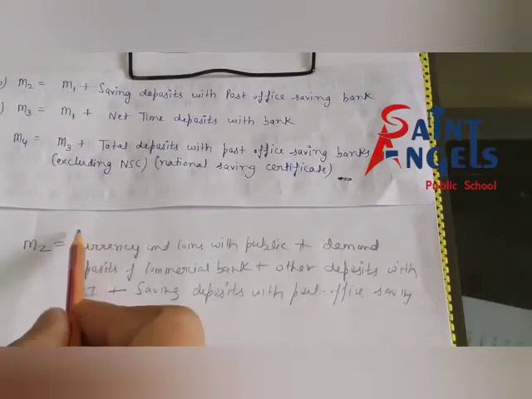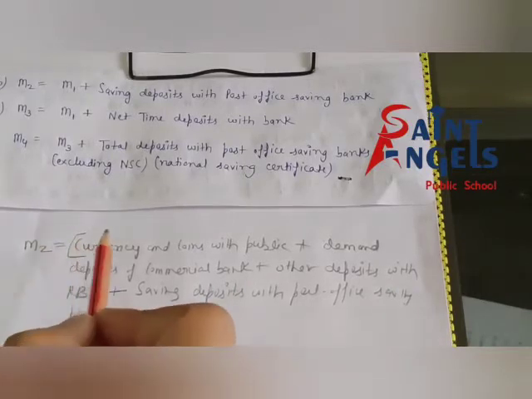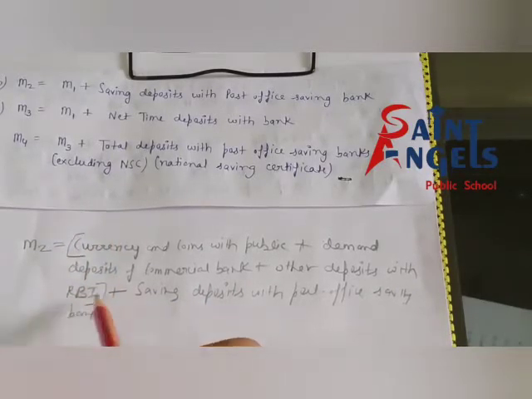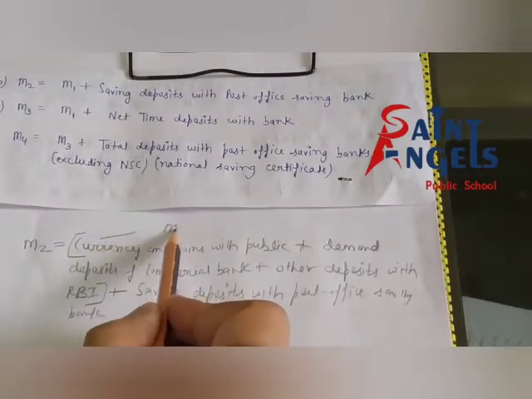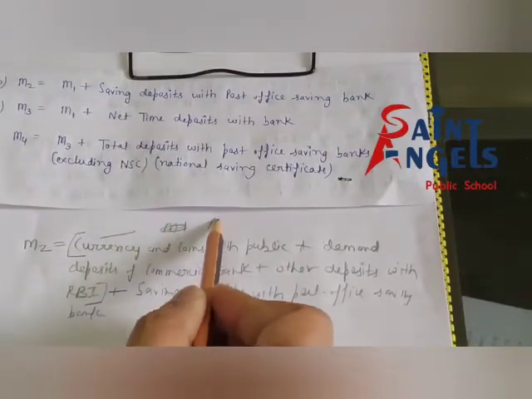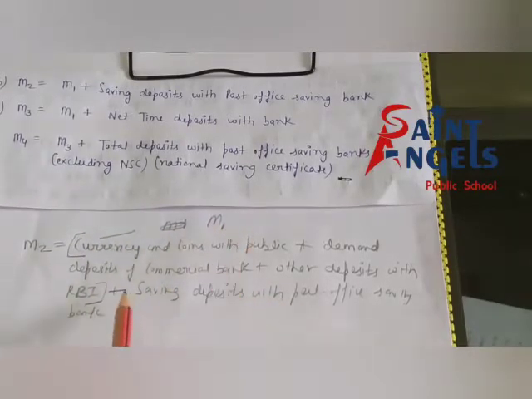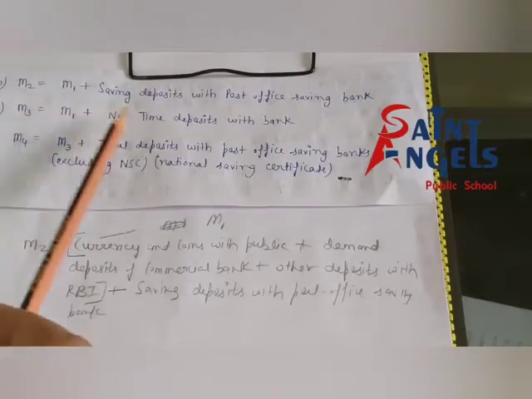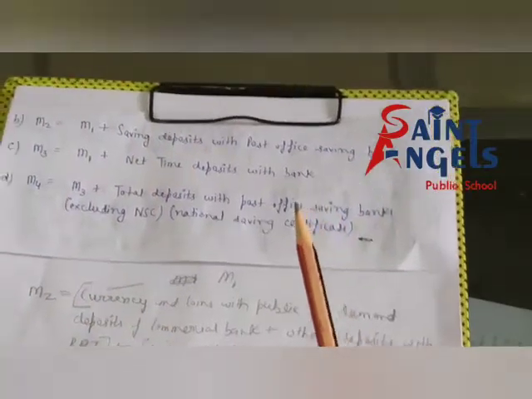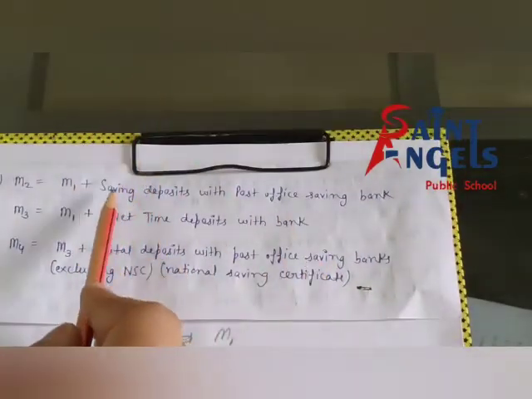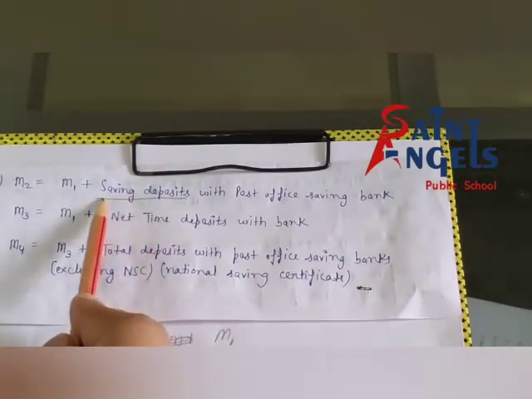It means that from this up to this is called M1, and M2 is M1 plus saving deposit with post office saving bank. I hope the formula of M2 is clear. See, after this, what do you mean by saving deposit?